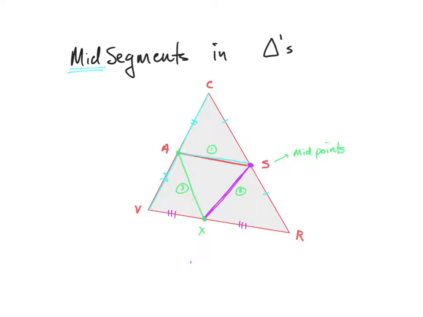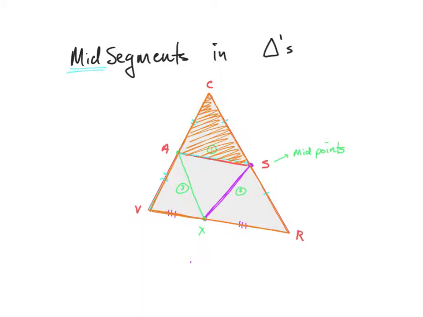Now, what this does is create basically a small triangle, big triangle effect. Meaning this big triangle that we've created is a proportional representation of this smaller triangle.